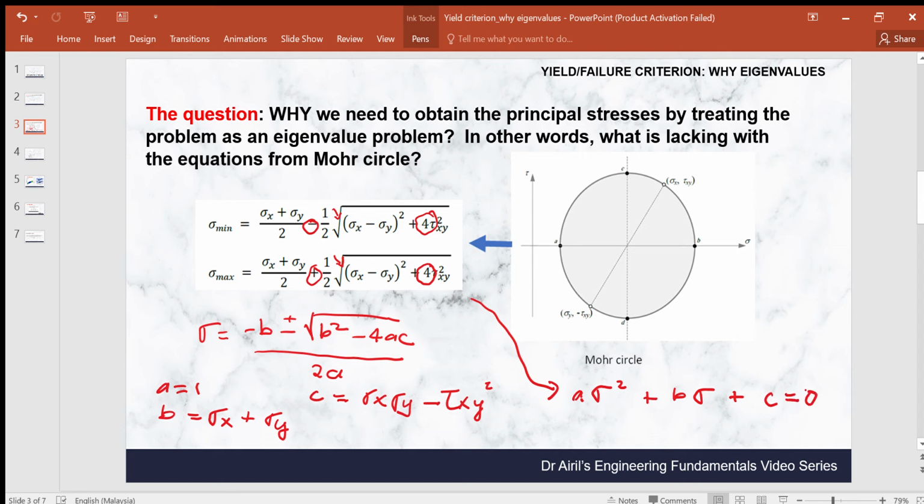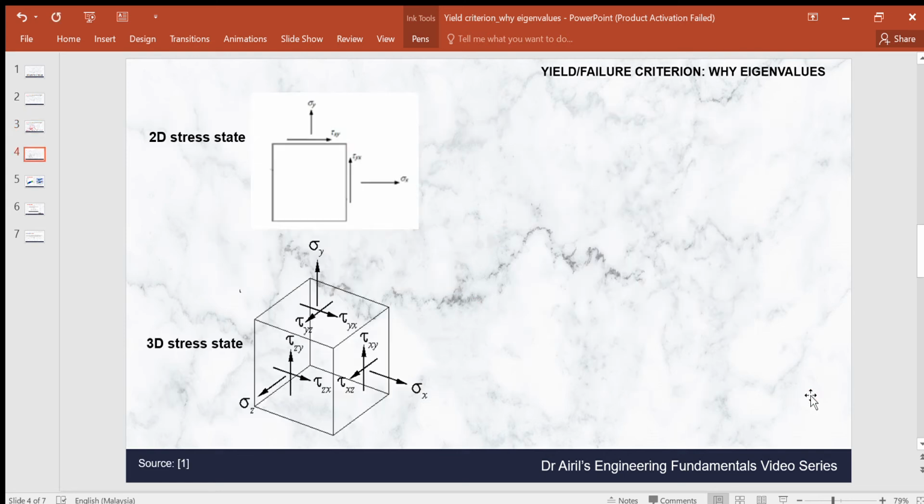Now this is a very important observation. You need to hold on to this.